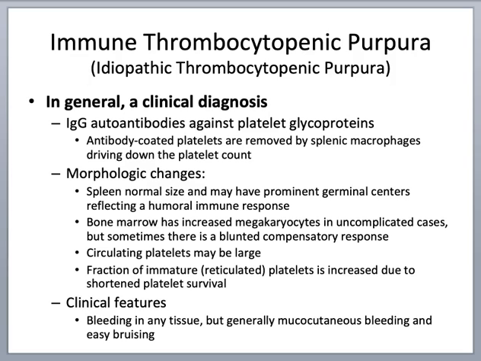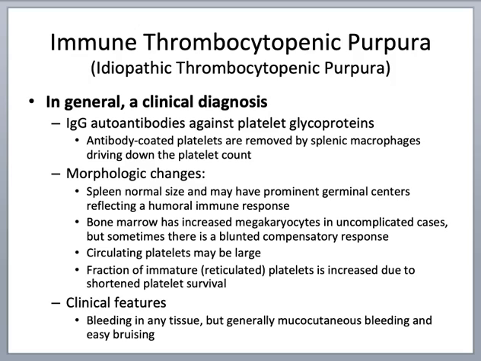The spleen is normal in size, but it may have prominent germinal center activation, which reflects this humoral immune response. The bone marrow compensates by trying to increase production, so you'll see increased megakaryocytes in uncomplicated cases. Sometimes the response can be blunted, however, and so in addition to a survival problem, there's also a production problem.